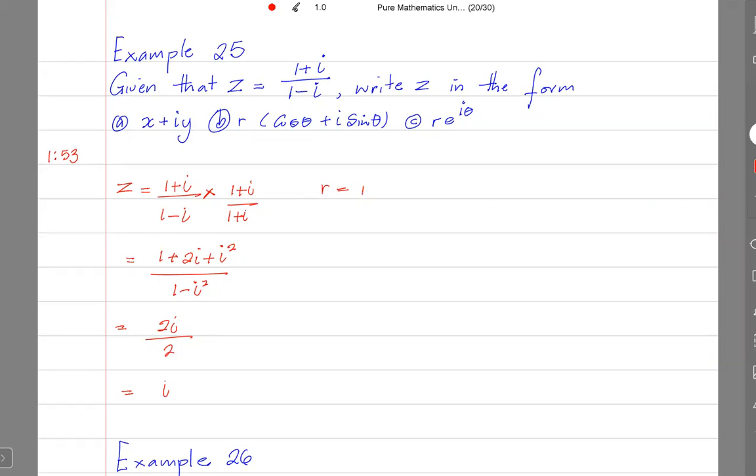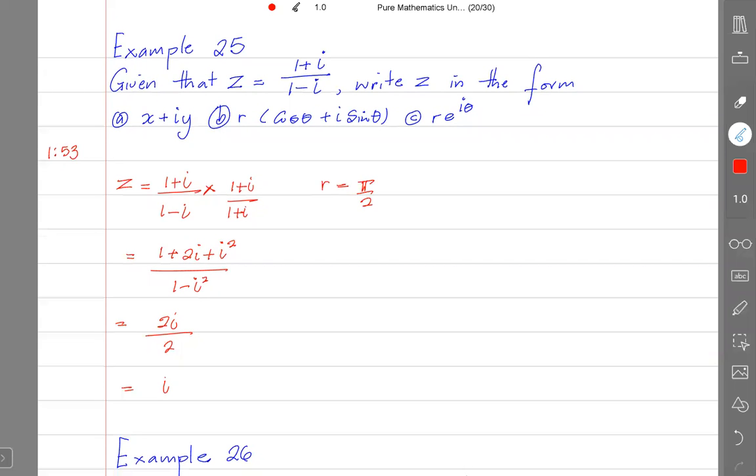Sorry. All right. The modulus is actually 1. The modulus is 1, and the argument of z is equal to pi by 2. Everybody clear on how I got those?